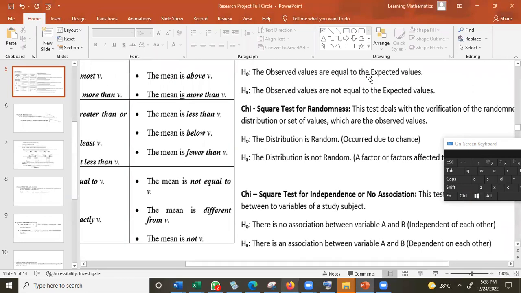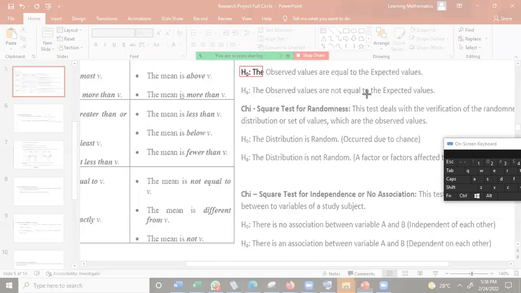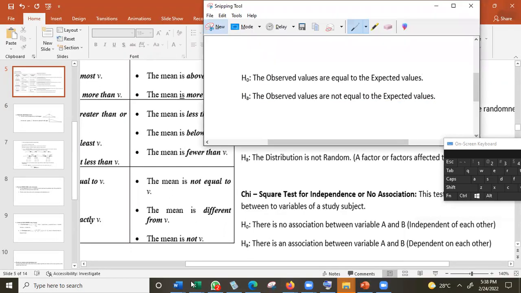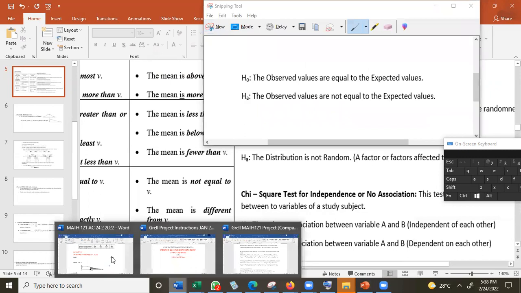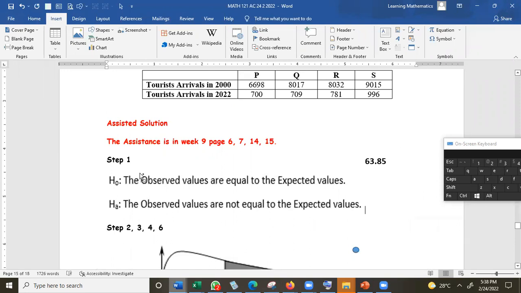The observed values are equal to the expected. The observed values are not equal to the expected. For this course, that is what you put as your H0 and your HA for a chi-square test. Goodness of fit, that's your other statistical term for it. Variation. You can type it in or you can copy and paste it.